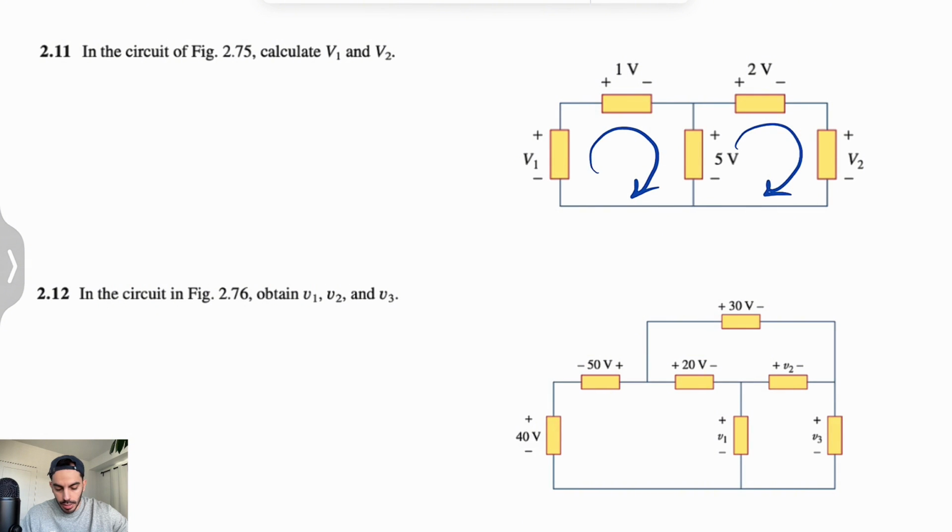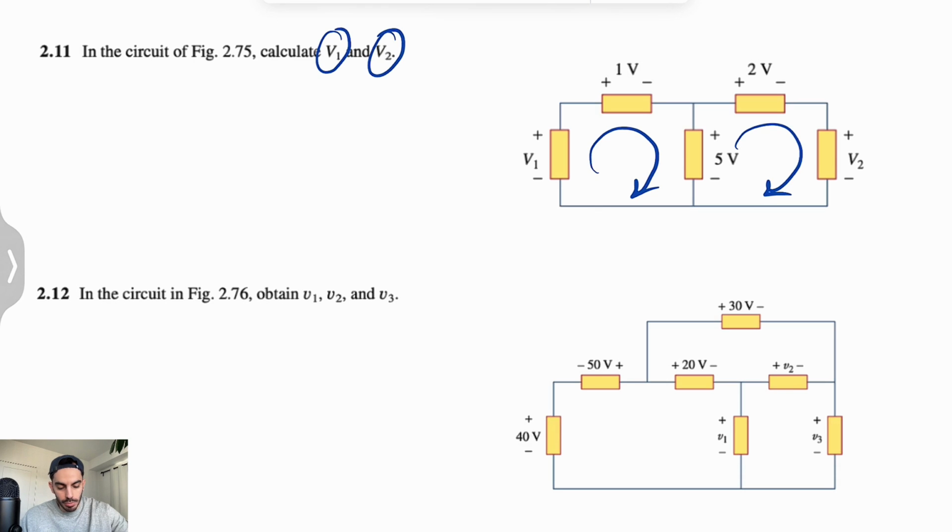Based on Kirchhoff's voltage law, we can go either clockwise or counterclockwise. It really doesn't matter. Since we have two unknowns, V1 and V2, we need at least two equations to find them, which are basically the loops that we have in here.